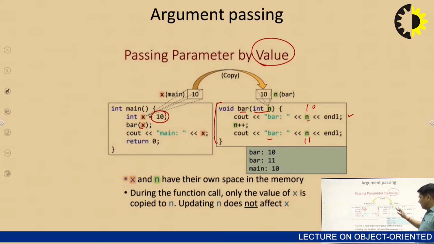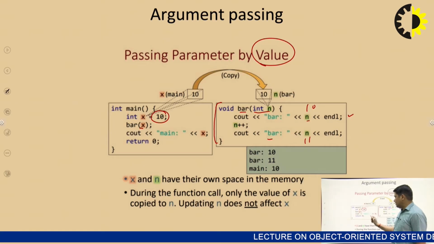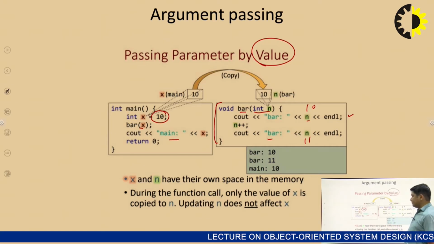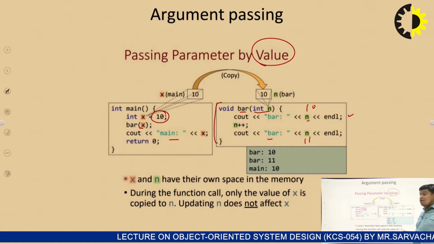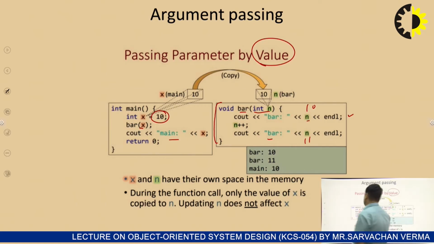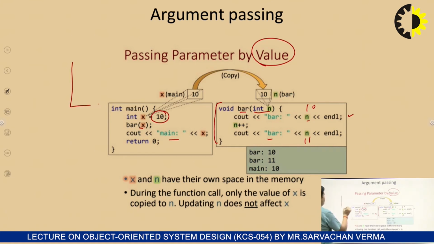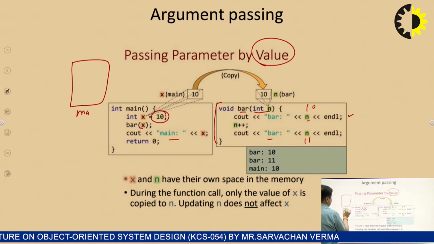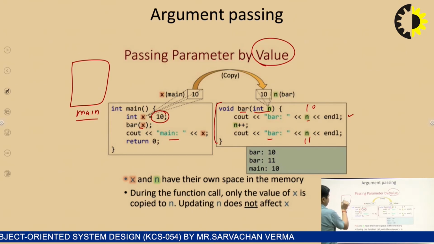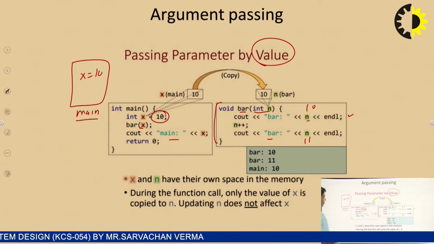Again, when the control is returned, you will see here the value of x is 10. What is the scenario behind this? When this piece of code will be executed, the block of memory for main will be allocated, and inside this one x variable will be created. The value of x is 10.